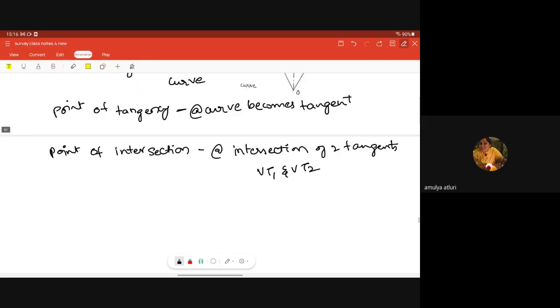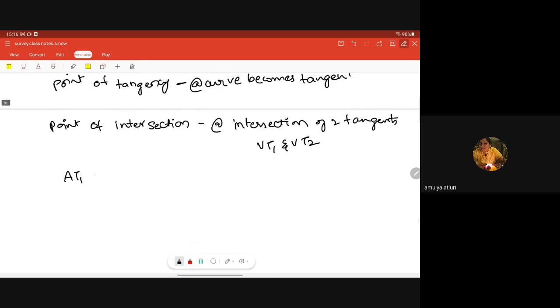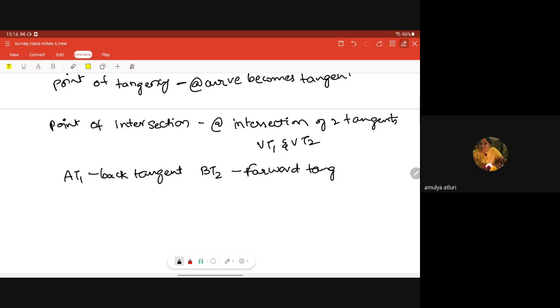Next, AT1 is called the back tangent. BT2 is called the forward tangent. Next, intersection angle.